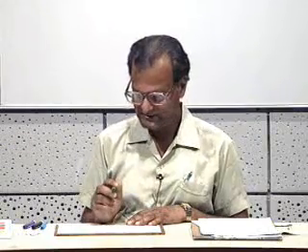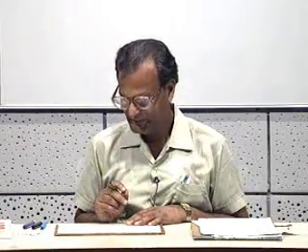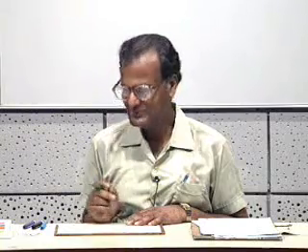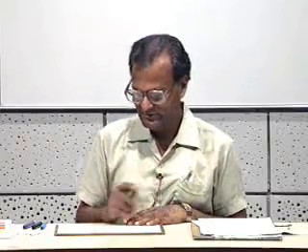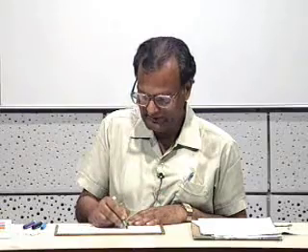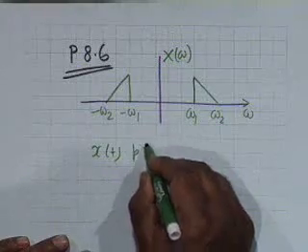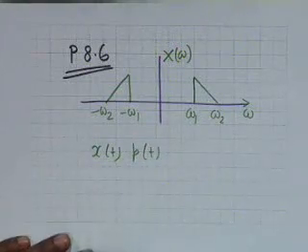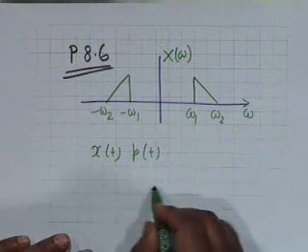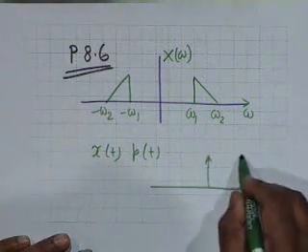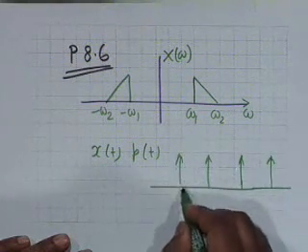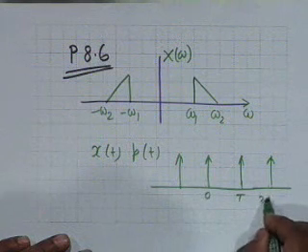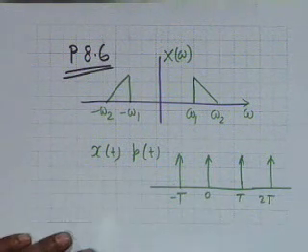What we do is, we don't derive this absolutely rigorously at this point. We go more from a qualitative point of view, and we arrive at the same result. What we do is the following. Suppose this is the spectrum of x of t, and we multiply it by p of t, where p of t is a sequence of samples like this, and capital T for the moment we keep unspecified.